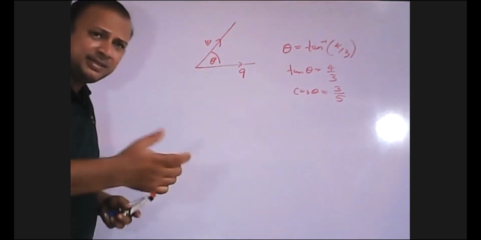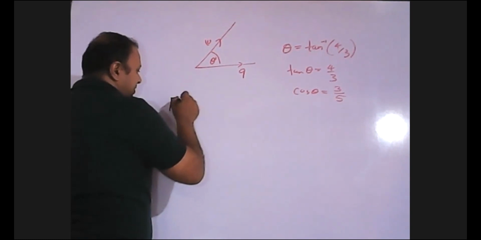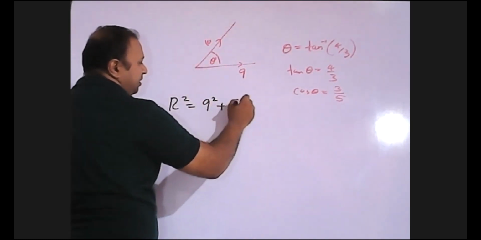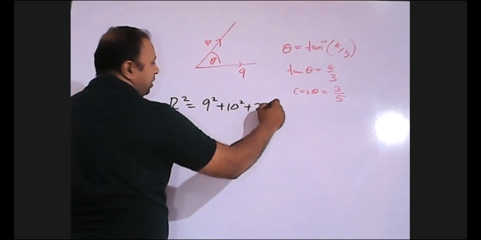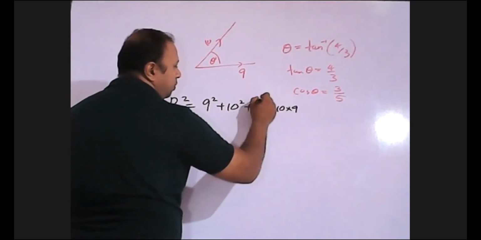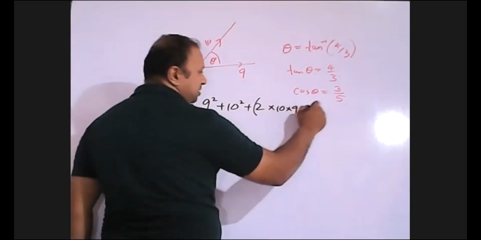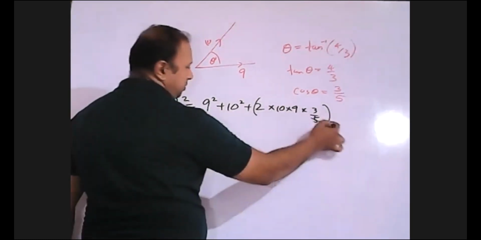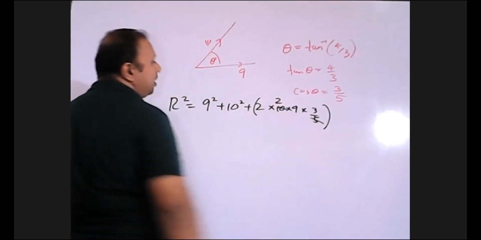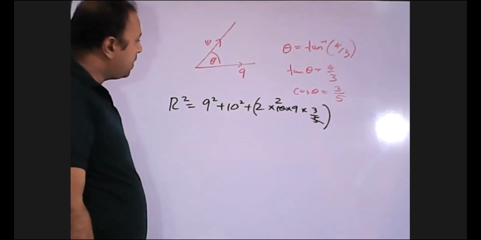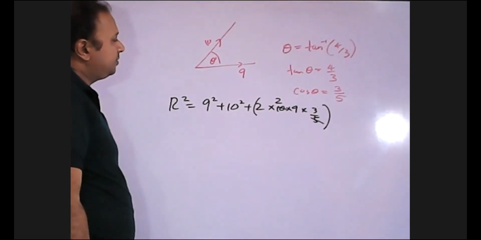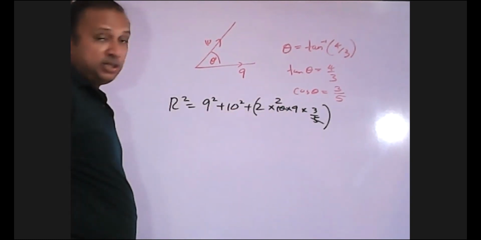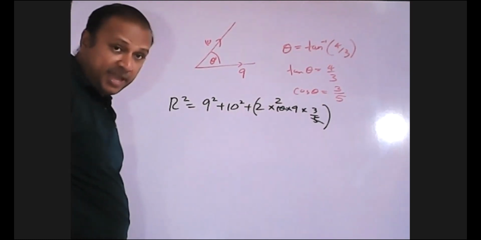Now you can apply that equation. R squared is equal to P squared plus Q squared plus 2PQ cos theta. That means 9 squared plus 10 squared plus 2 times 9 times 10 times 3 over 5. 2 times 9 times 10 is 180, times 3 over 5 is 108.